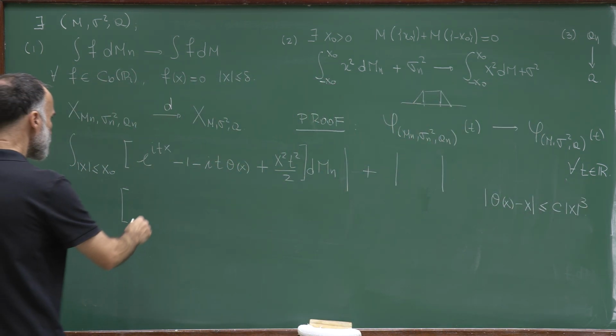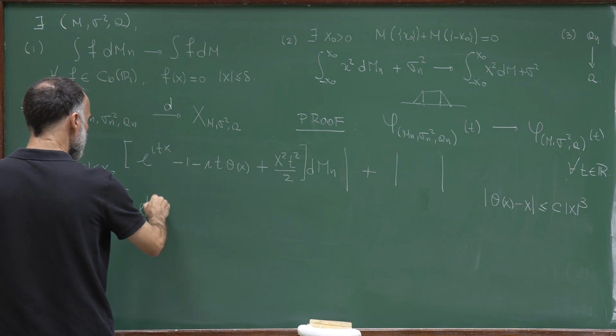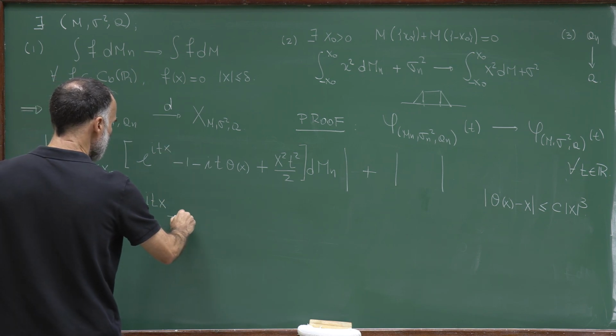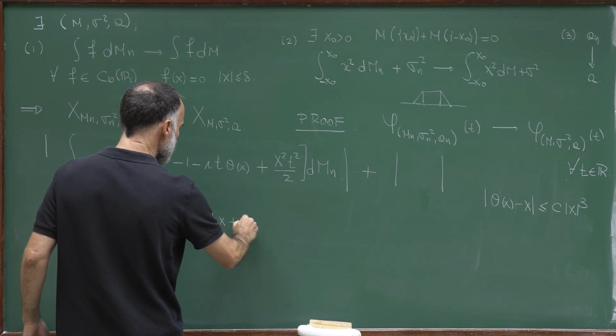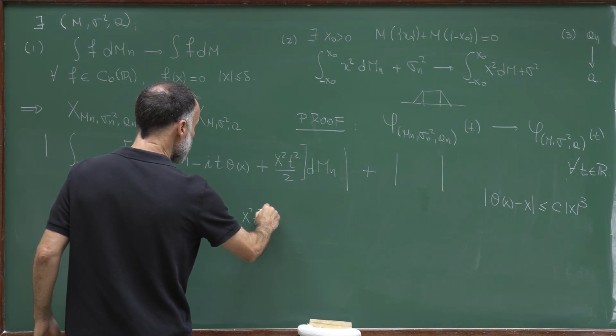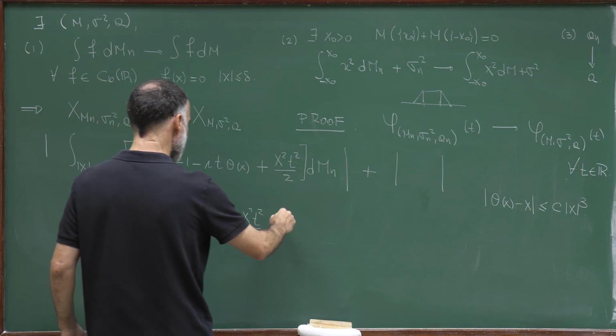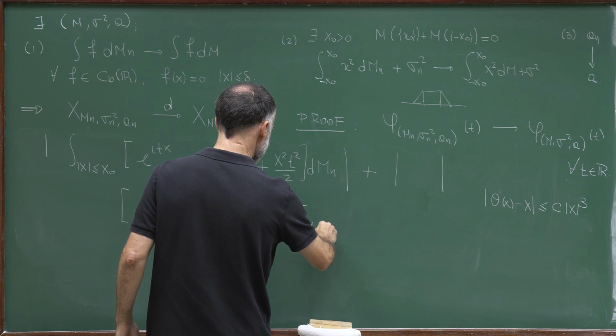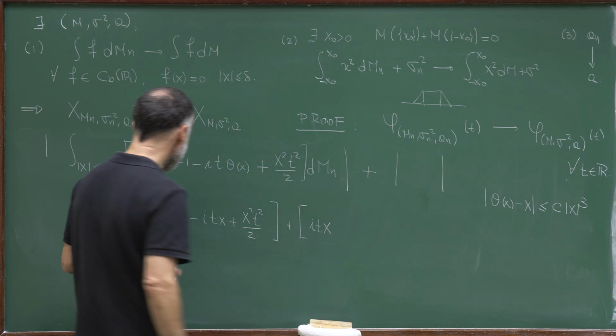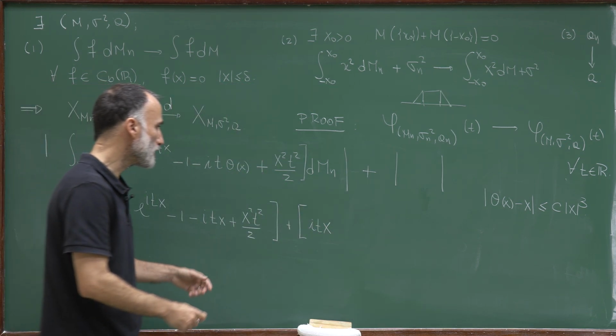So what we will do is, we have the expansion of the exponential: e^{itx} minus 1 minus itx plus x squared t squared divided by 2. And I introduced itx, so let me take it out.